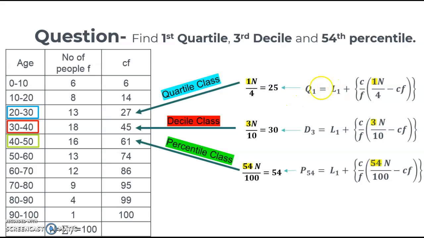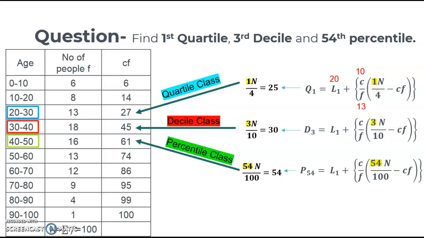So in case of Q1, the quartile class is nothing but 20 to 30. So L1 is nothing but the lower class boundary, that is 20. C is nothing but the class width. The width is 30 minus 20, that is nothing but 10. The frequency corresponding to the class is 13.